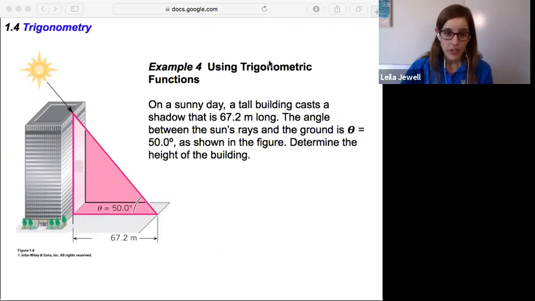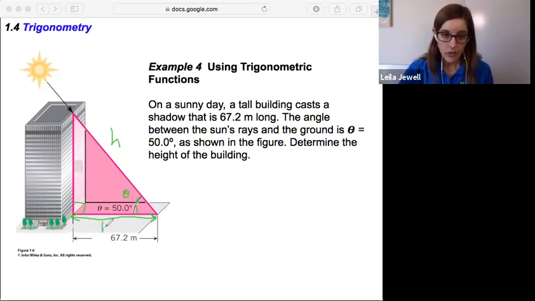So that allows us to have labeled that we know this angle, that's our theta, that's 50 degrees. And then we also know this side length. Now we want to label these things in terms of our known quantities. So if that is our theta, and we know that our right angle is over here in the corner, then what would we call this side length? Well, this is the one that is right next to the angle theta without being the longest side of the triangle. This would be our hypotenuse up here.